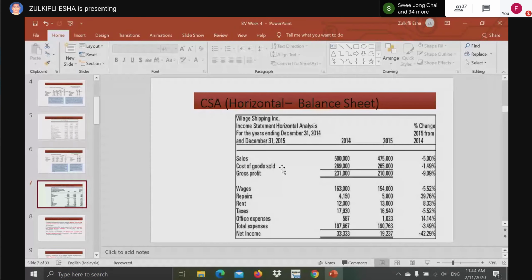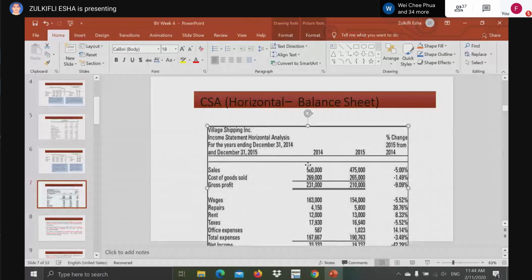As far as the cost of goods sold is concerned, again the trend shows a decreasing trend. In 2014, the amount of cost of goods sold is 269, but in 2015 it is 265.